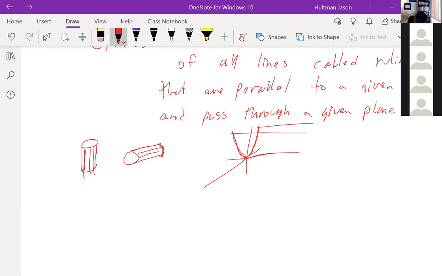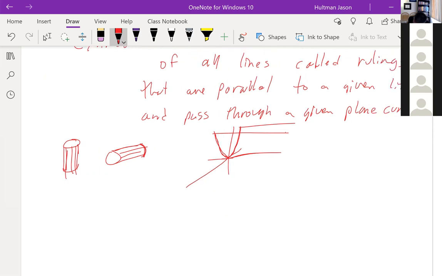And so we have all of these rulings, these guys here. You can have a separate color on the inside, I suppose, to give it some contrast. But those are all the rulings.